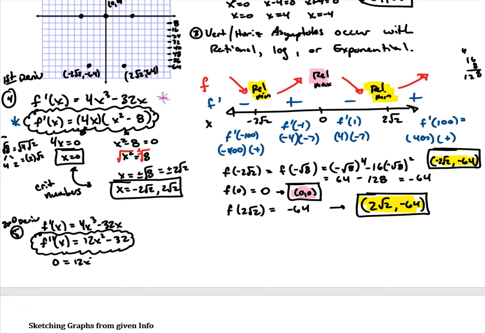Okay, so if I have 0 equals 12x squared minus 32, I can add the 32 over. So 32 equals 12x squared. I could divide by 12, so dividing each of those by 12. 32 divided by 12, that can be reduced.